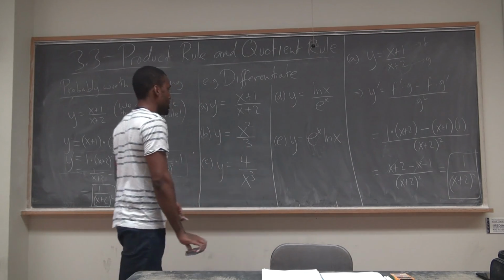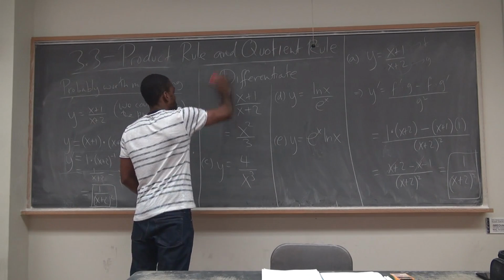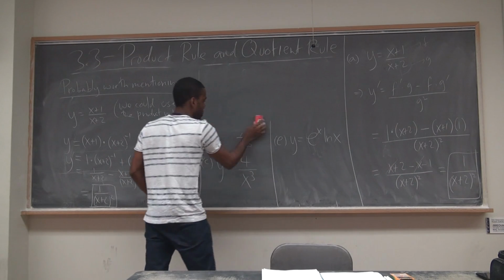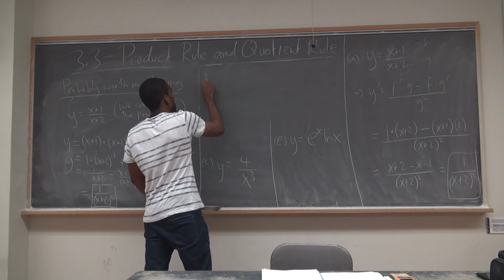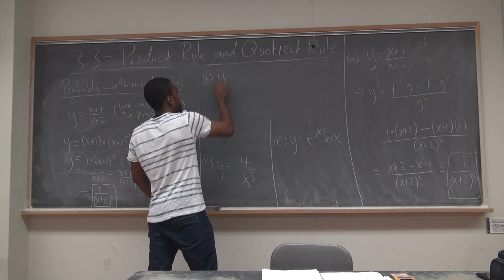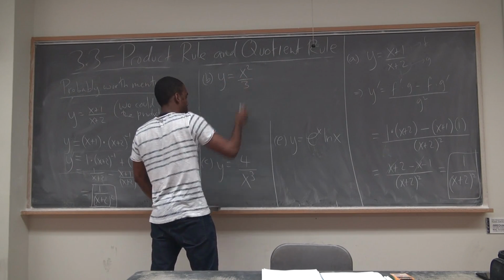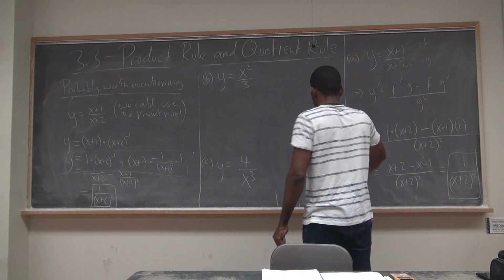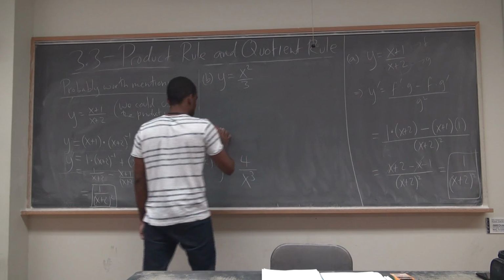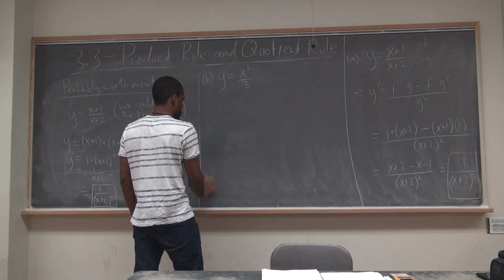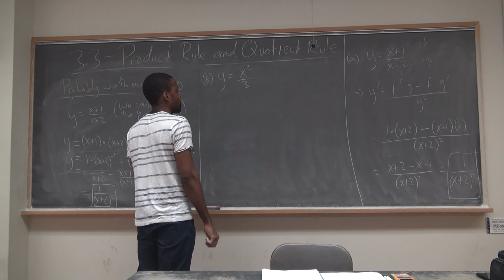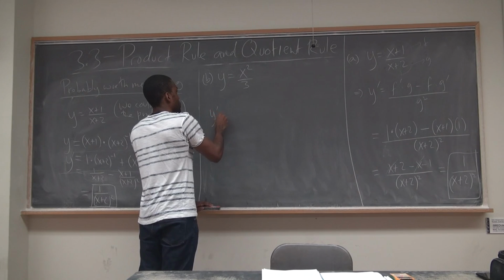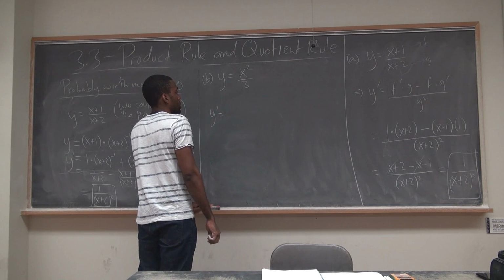Okay, the second guy, b. x squared over 3. All right, how do we proceed? 2x times 3 minus x squared times the derivative of the bottom.